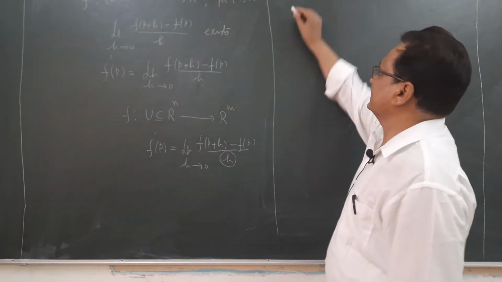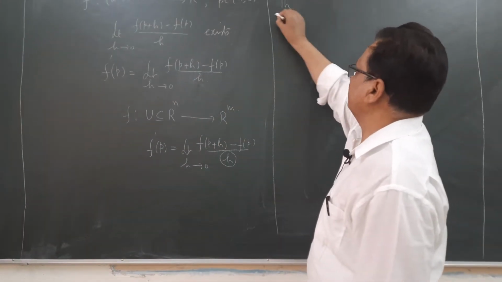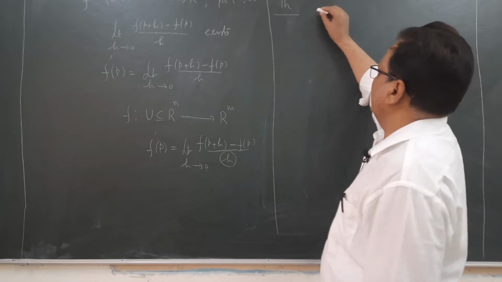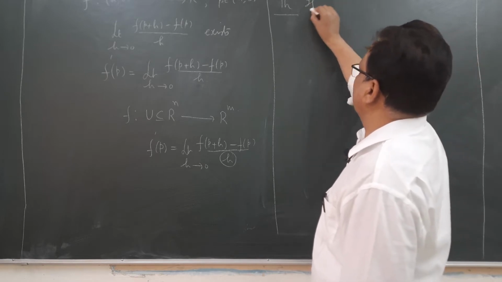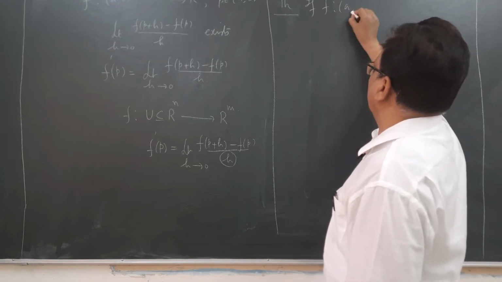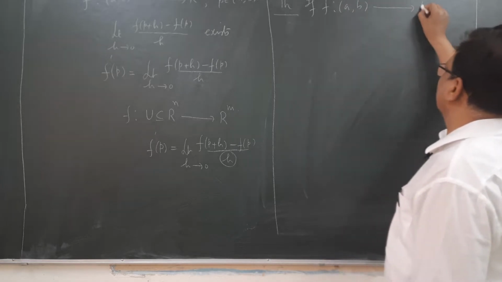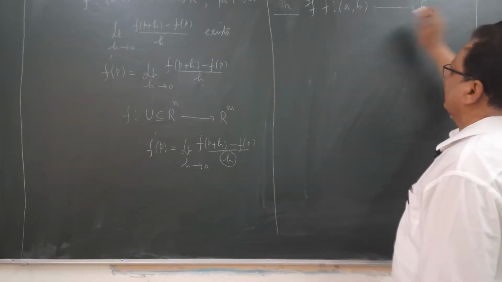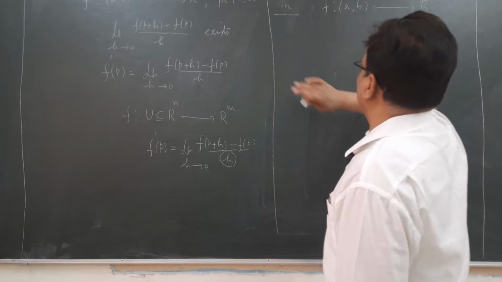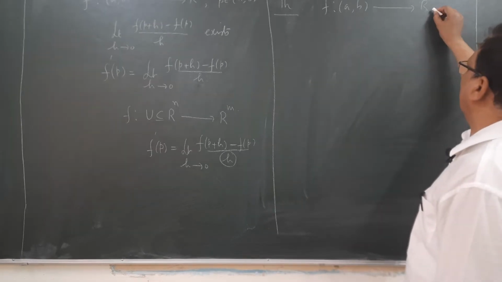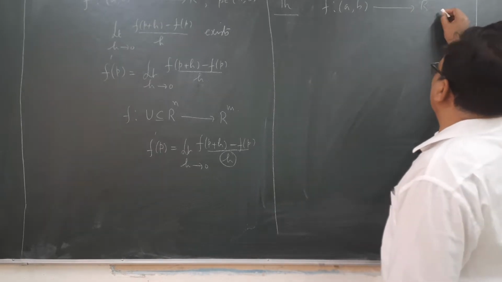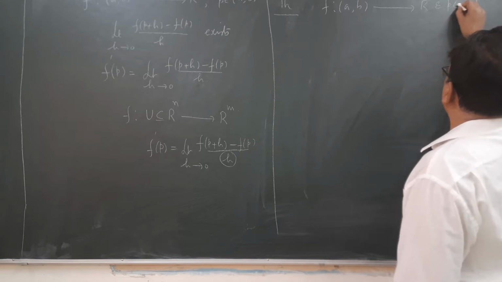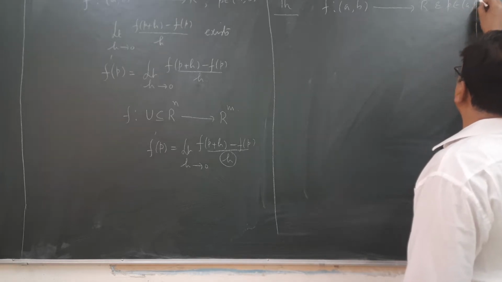What we notice, this I will write down as a theorem, that if f is differentiable, or you can write this as a characterization: f from an open interval (a, b) to R and P belonging to the interval (a, b).